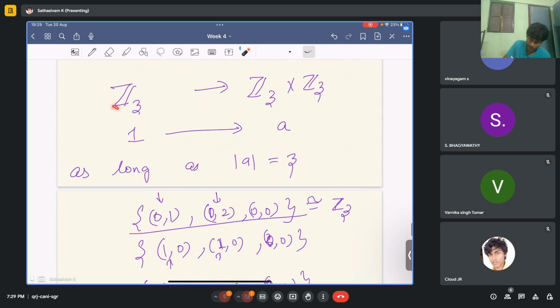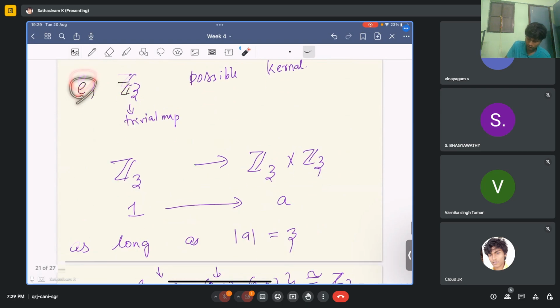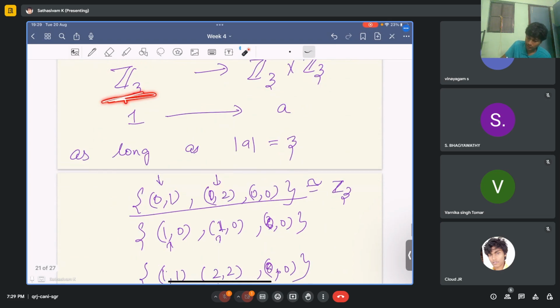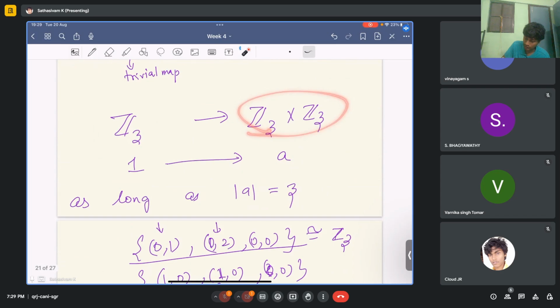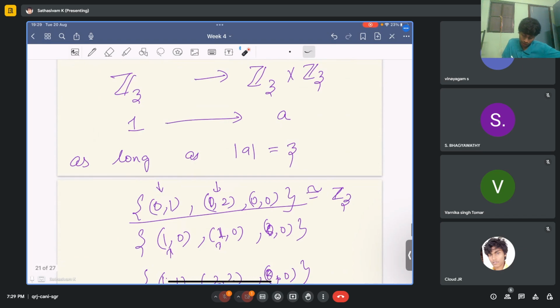Okay, so in this case, this kernel is basically E, the identity. So G by N is basically this subgroup, and you can see this subgroup can be sitting inside Z3 cross Z3 in four different ways. Okay, but if you look at the homomorphism, it can be sitting inside, let's say, this subgroup.